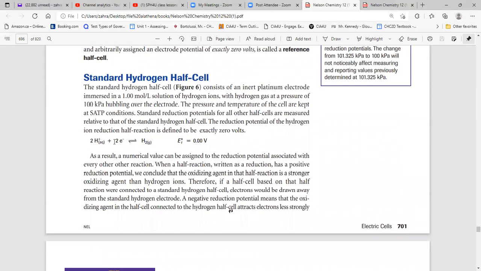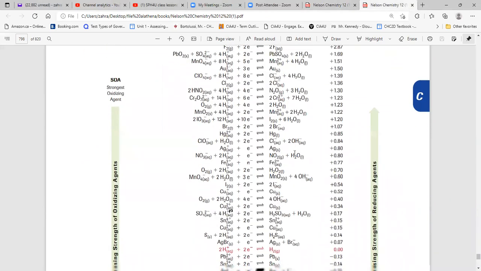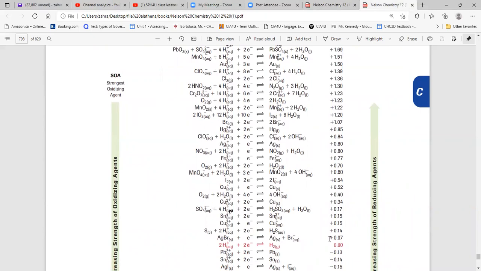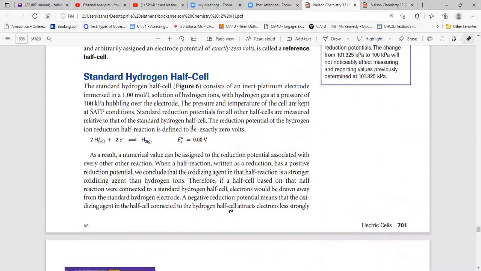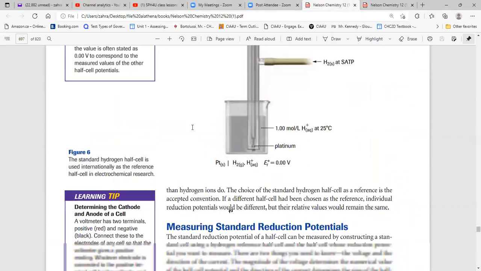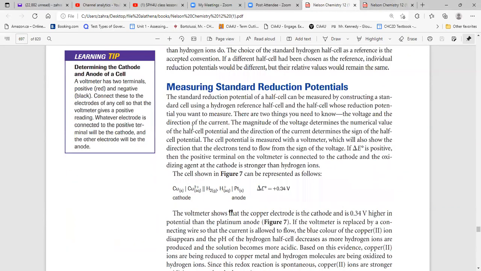So the potential for hydrogen is going to be 0. This is your reference. As you see in this table, the potential of hydrogen is 0, and everything above that is positive, and below that is negative, for all of these reactions as written. So we can use that table to find the actual potential difference.